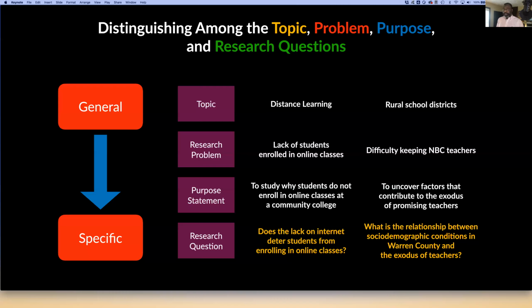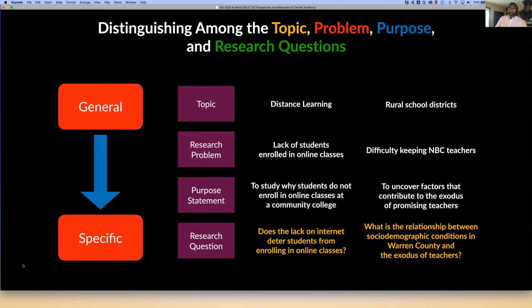And so my purpose was to illuminate this issue as we talk about policy today. And so my research question is the relationship between socio-economic conditions and out-migration in the 29 Black Belt counties in North Carolina. So I started very, very general and I got specific. All right.